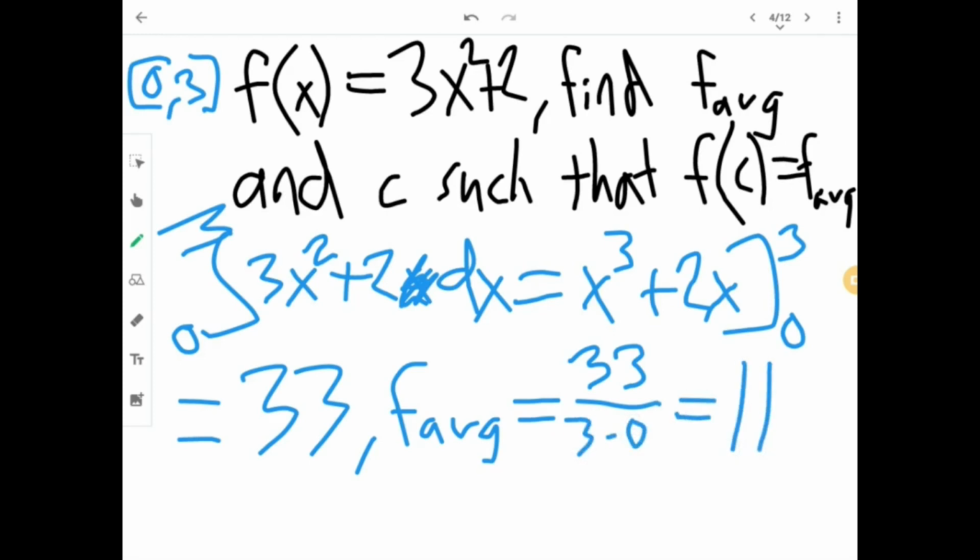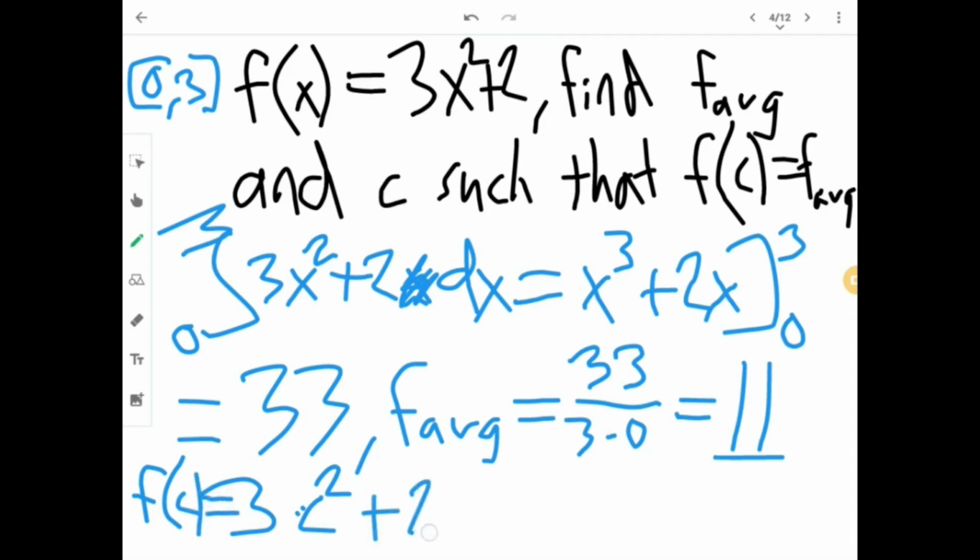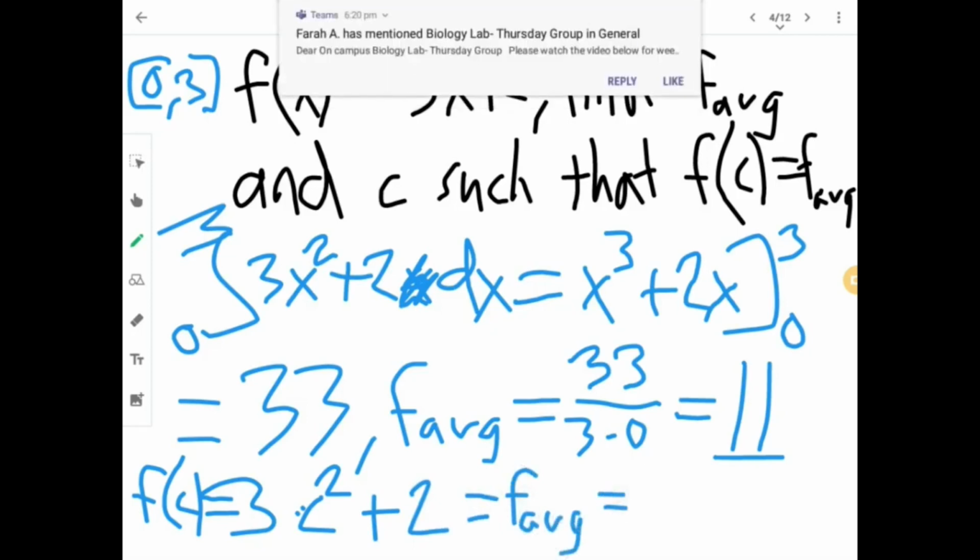Now you need to find the x value, which is c, such that the f average that we got, which is 11, is equal to f of c. If you simply equate it, 3x squared, or actually let me put that as c, f of c equals 3c squared plus 2, which is equal to f average, 11.